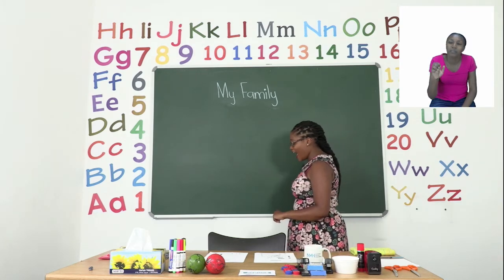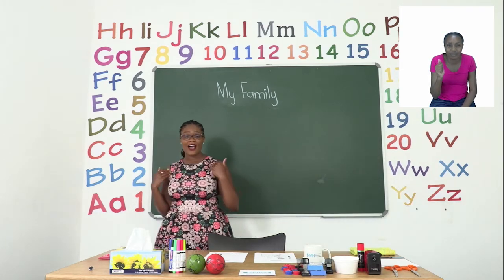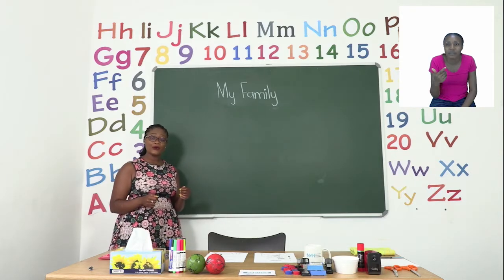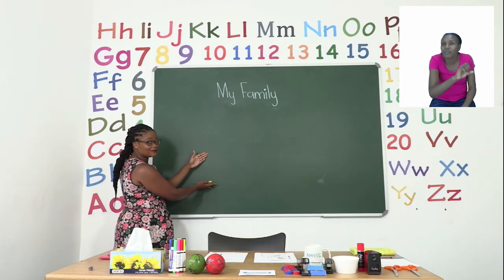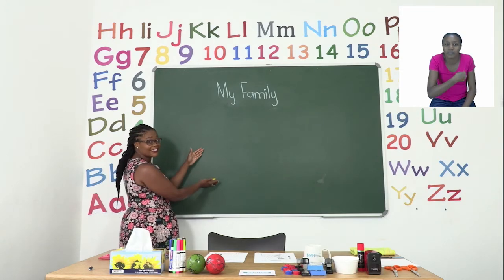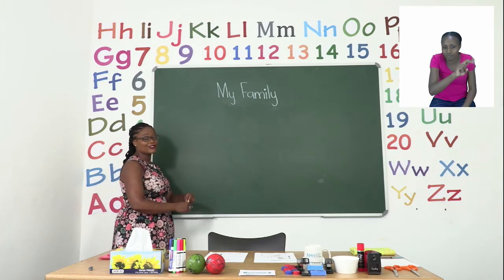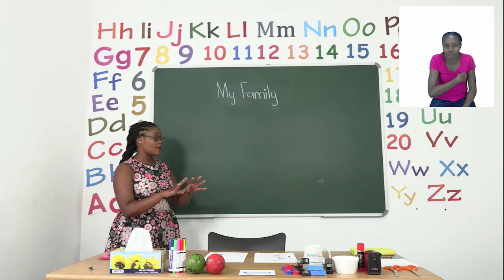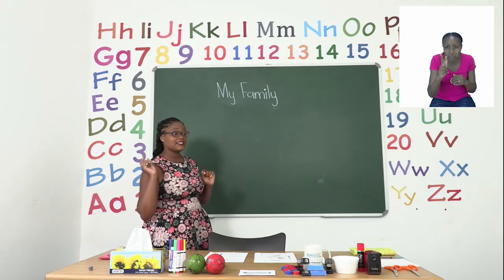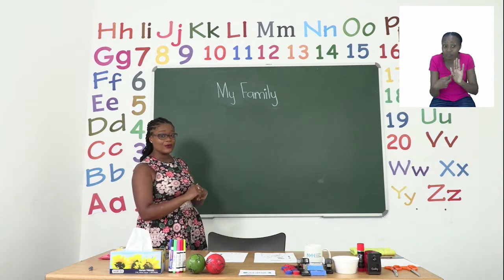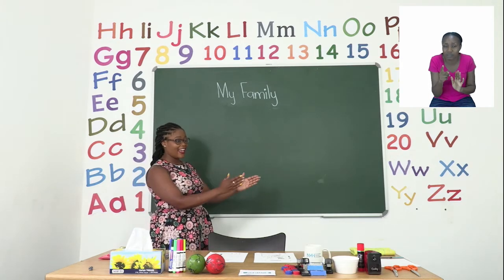Very good. And if it is you and I and we're pointing to a girl, we say she. Good job. And if there are many other people and it is you and I pointing at them, we say they.